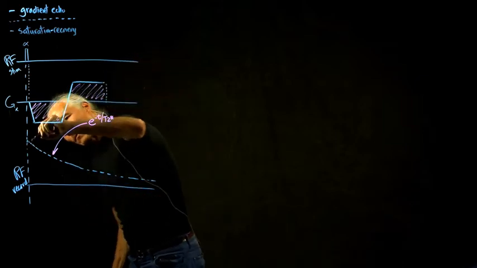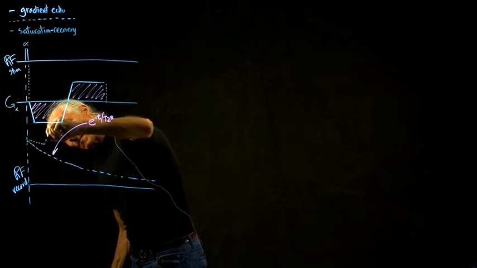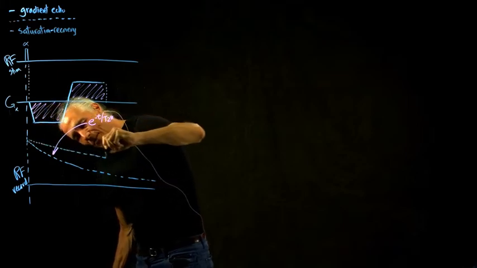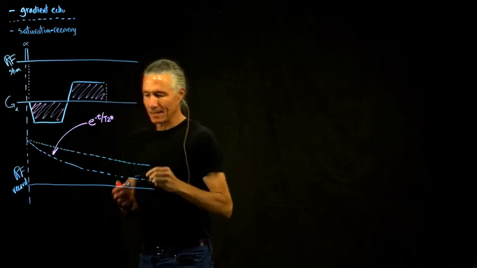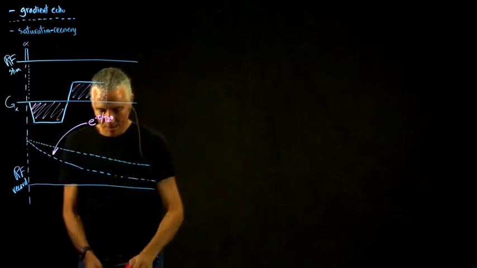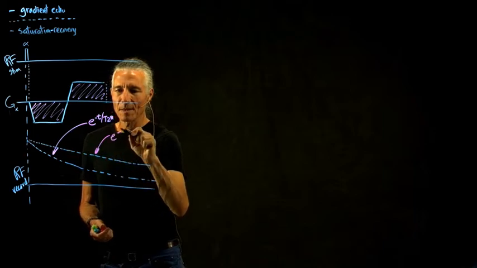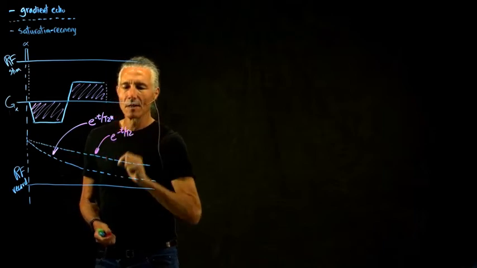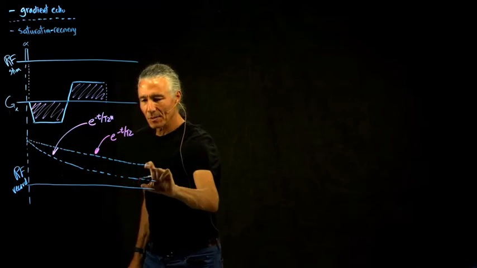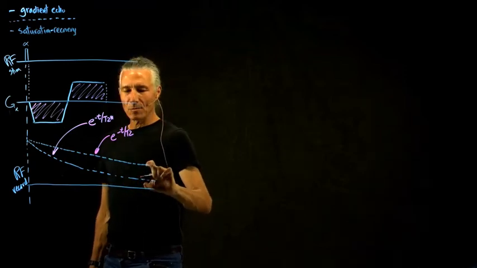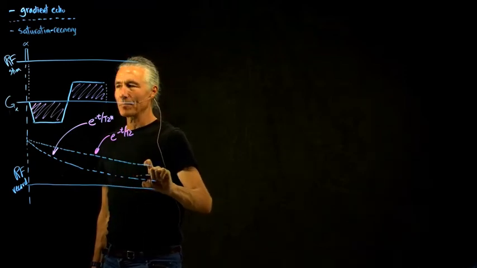So if on this graph we drew the T2 decay, it's less. It's like that. So this is e to the minus t over T2. And remember, that's what the spin echoes were getting up to. They were sort of getting up to the T2 curve.